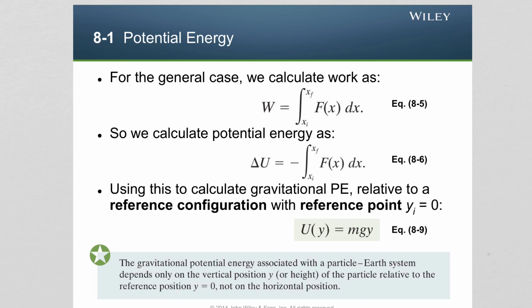Then using the relationship between work and change in potential energy, delta U is equal to minus W, I can write an integral for the change in potential energy in terms of the force. And so that expression is that delta U is equal to minus the integral of the force.